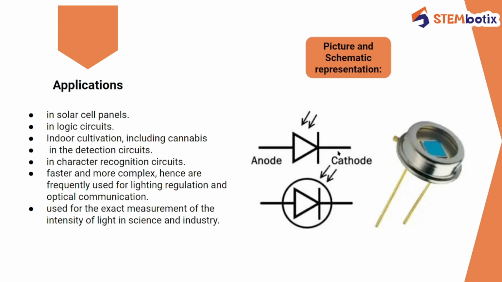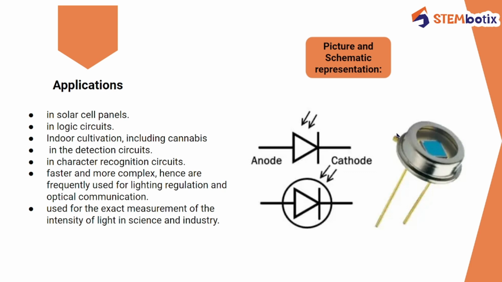In LEDs and laser diodes, the arrows were pointing outward, and here the arrows' direction is inward, meaning the arrows are coming to the diode. Okay, so this kind of diode is known as a photodiode.